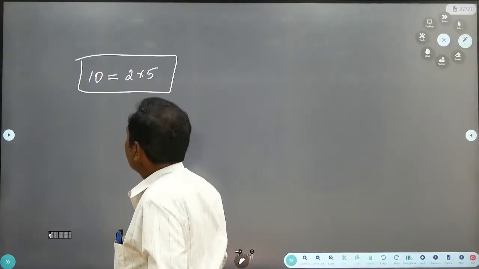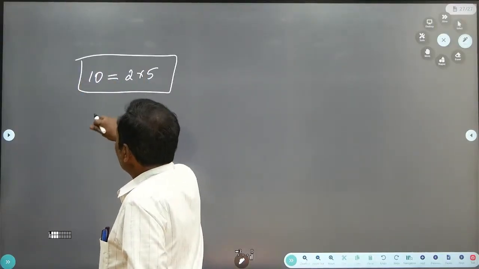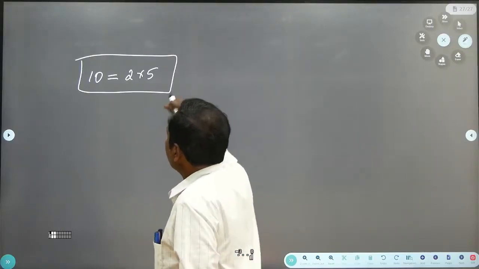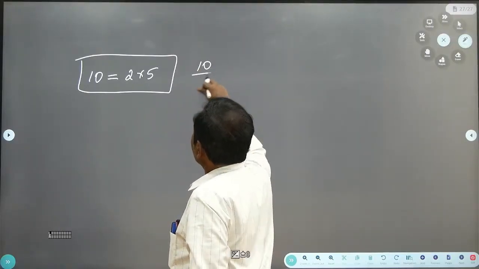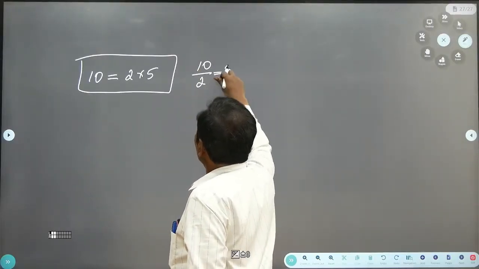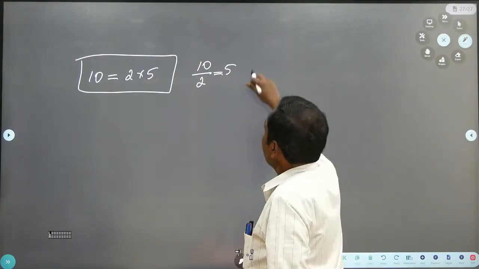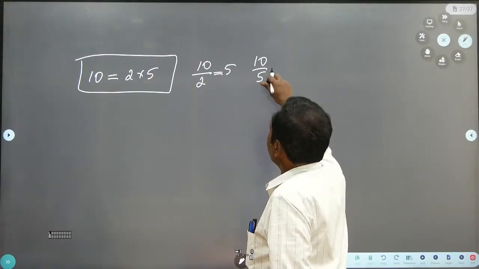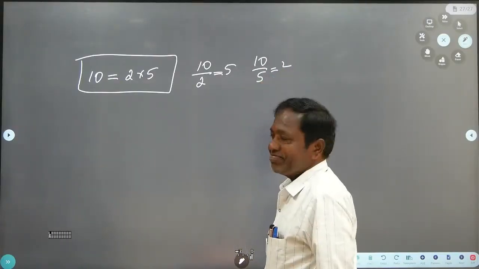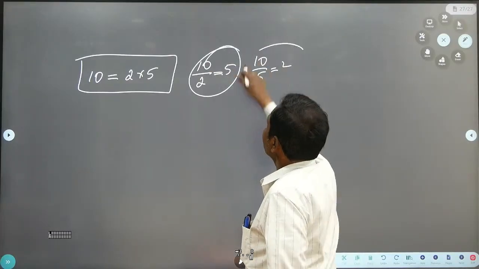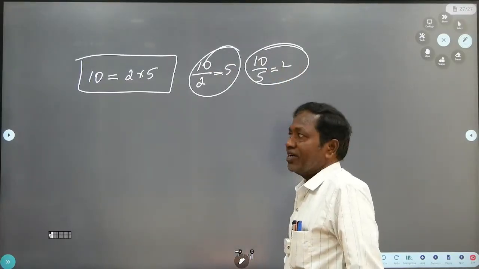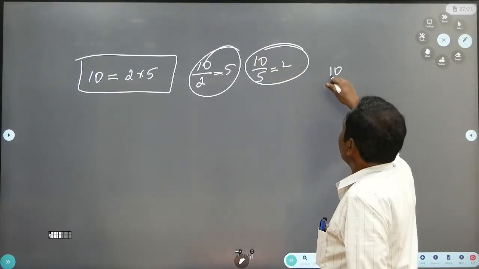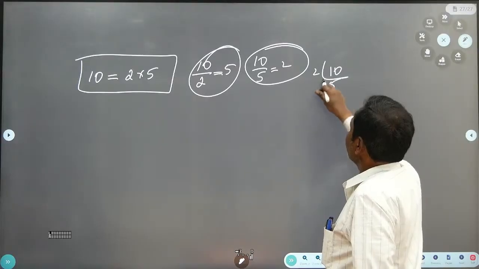I will tell you once. And see, now when it comes like this, 10 by 2, you will have the 5. If you take 10 by 5, you will have 2 here. Is it right? Even if you take an LCM like that, 2, 5.